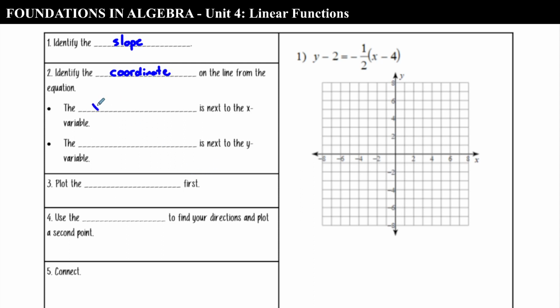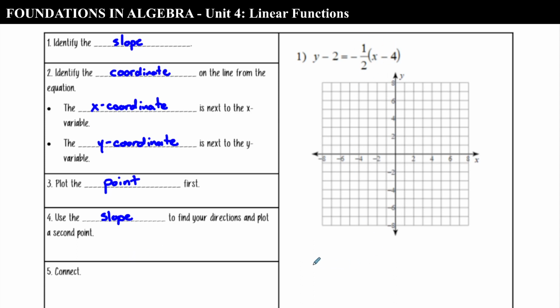So the x coordinate is next to the x variable, and the y coordinate is going to be next to the y variable. You're going to want to plot the point first. Then use your slope to find your directions and plot your second point. And then connect your dots to form your line.